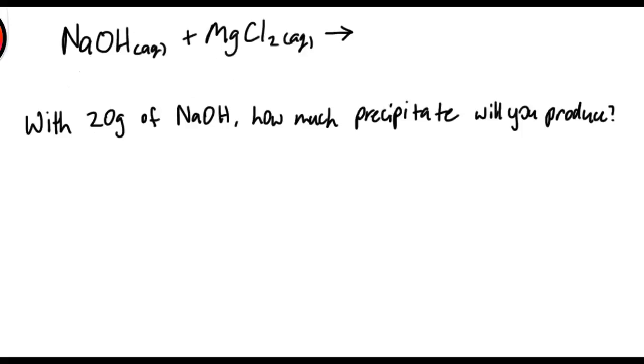So in solution, we actually have sodium plus ions and OH negative ions, but we also have magnesium 2 plus ions and chloride negative. So let me write that in. We have sodium plus ions, and we have hydroxide ions in solution. We also have magnesium ions, so they have a charge of 2 plus, and chloride ions.